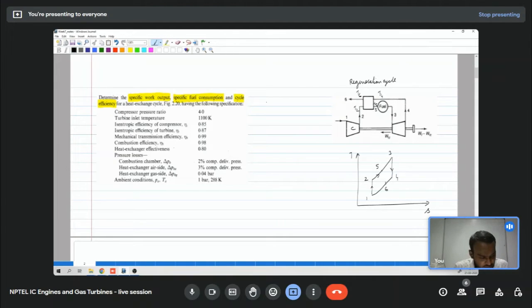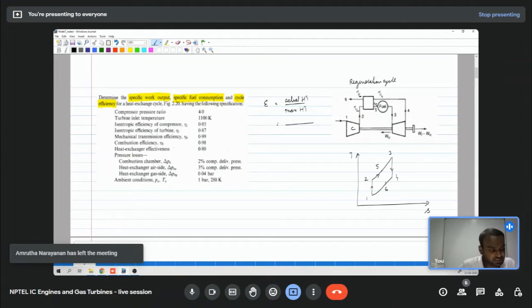Heat exchanger effectiveness is given as the actual heat transfer by the maximum heat transfer. So maximum heat transfer is when the temperature at the fourth point, while it exits the heat exchanger, reaches the temperature of the second state, that is T2. That means if T6 is equal to T2, what would be the heat transfer?